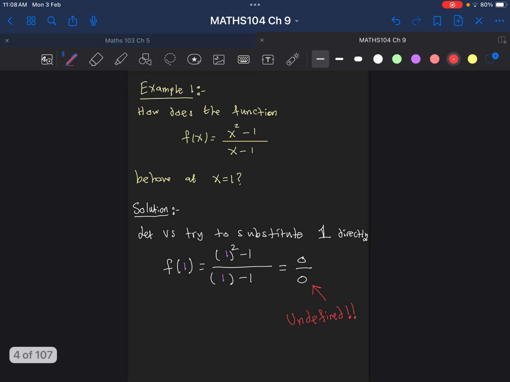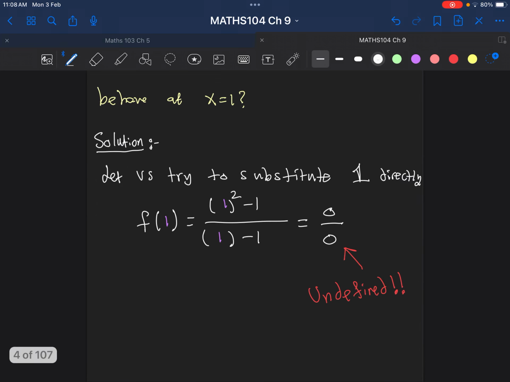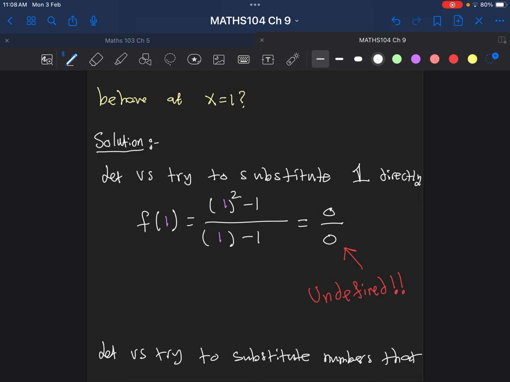So what we will do, this is the other idea, let us try to substitute not x equal to 1, but numbers that are closer to 1.